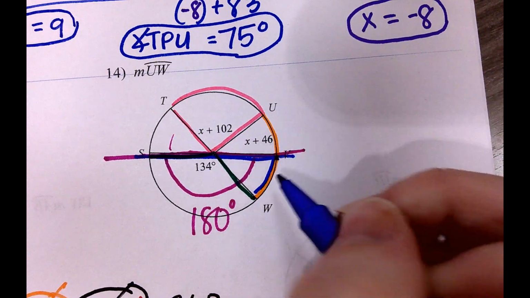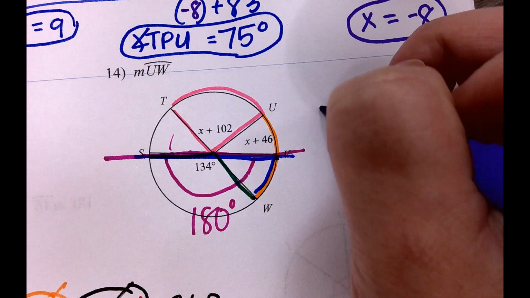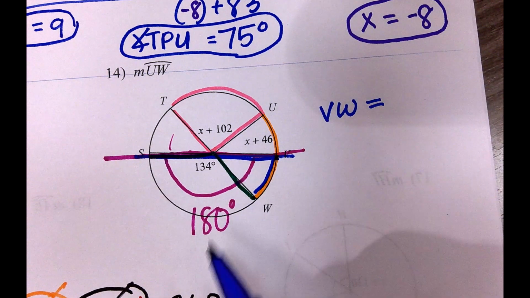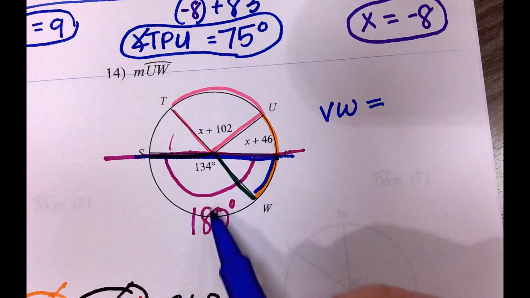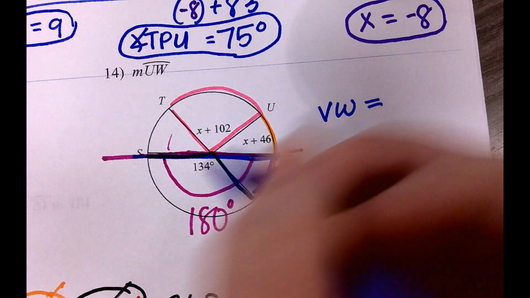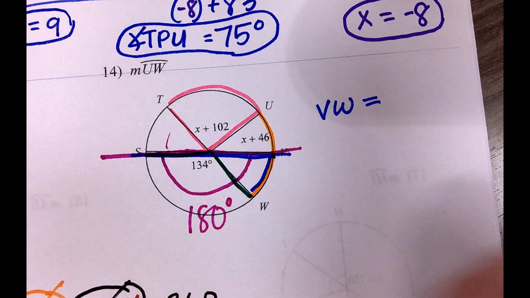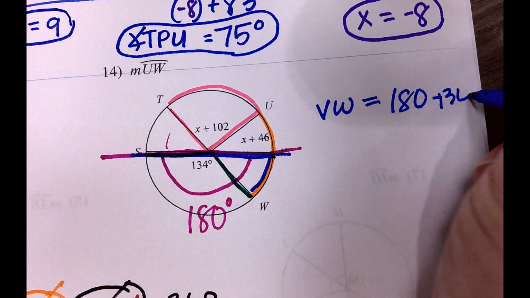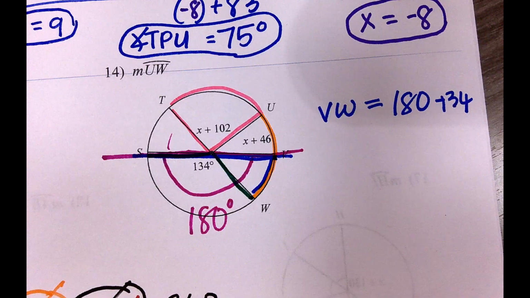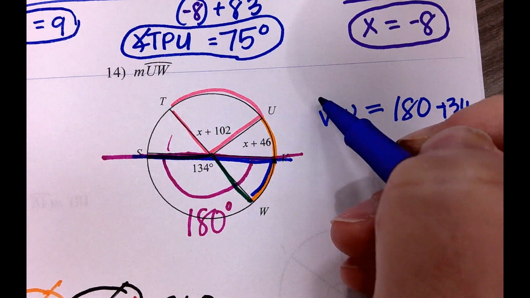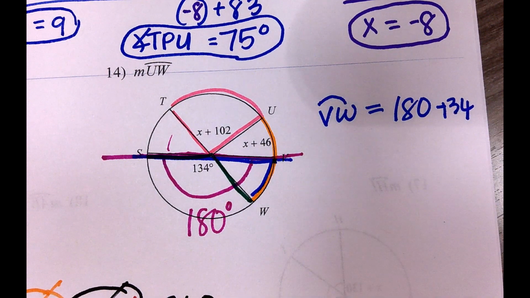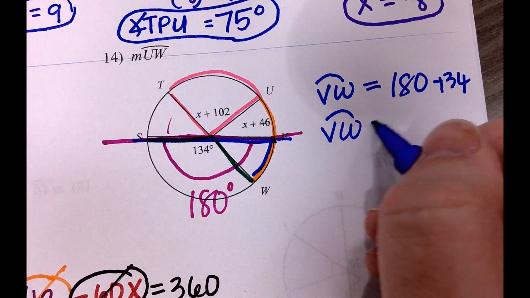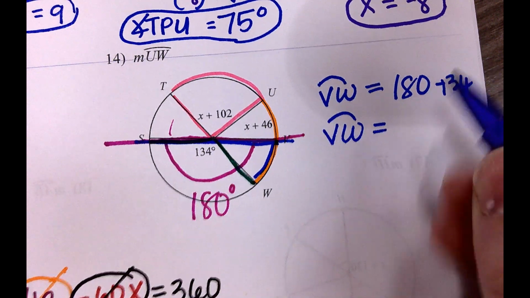So I know that VW equals 180 minus 134. If we get rid of this bigger chunk, we'll have the leftover. So what is VW? 46.